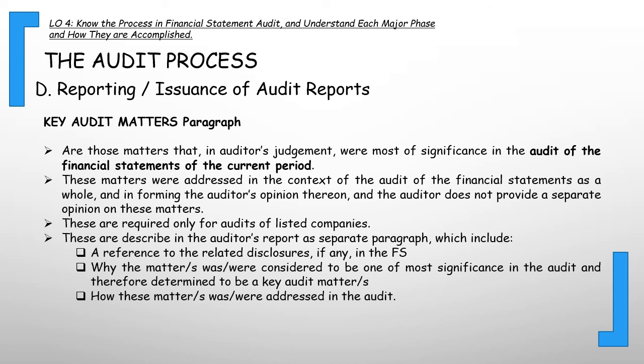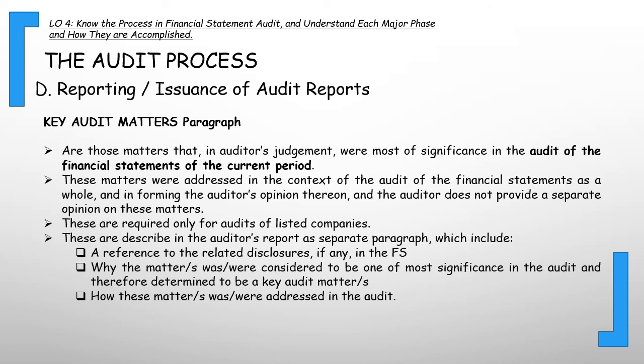So, example, let's say yung revenues ng mga construction companies, diba? We all know that the construction companies recognize revenue based on percentage of completion. This can be considered as key audit matter because of the judgment or estimate involved in the recognition of revenues.